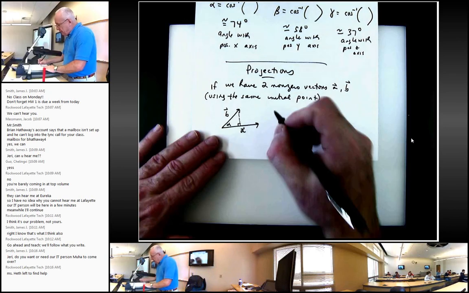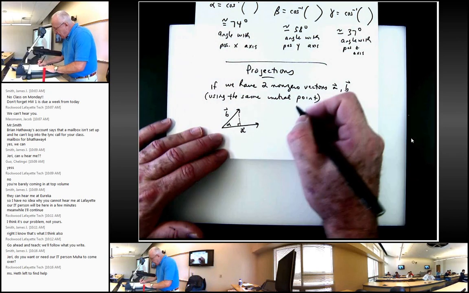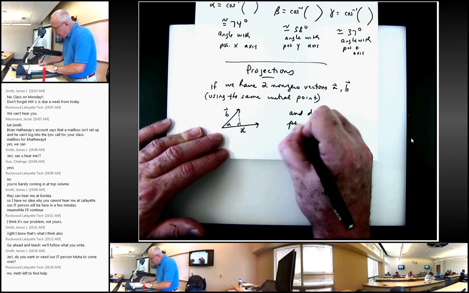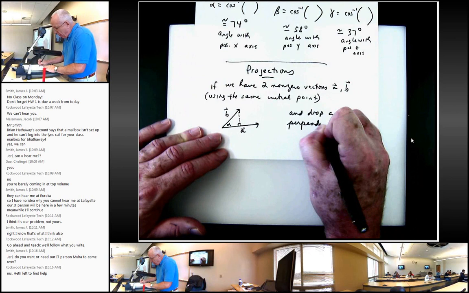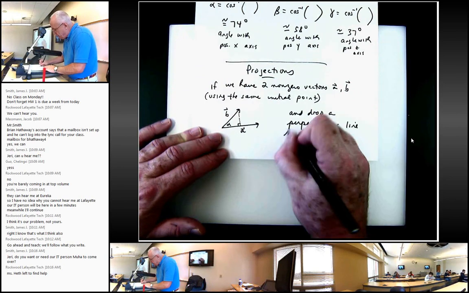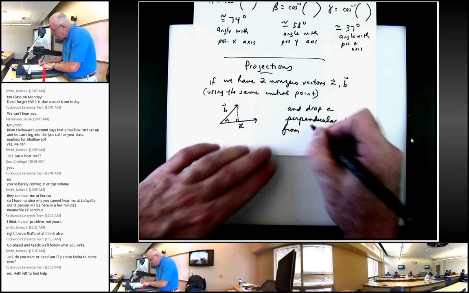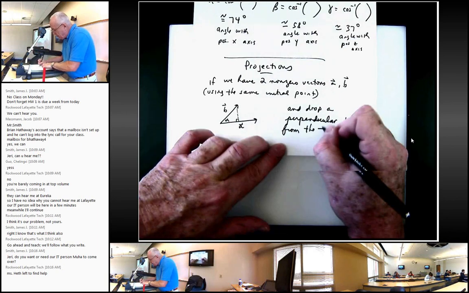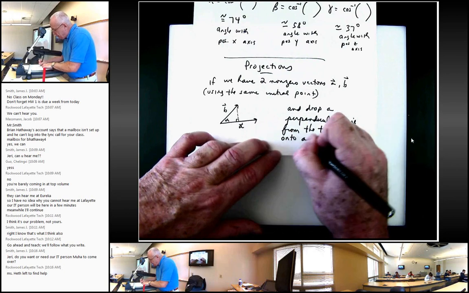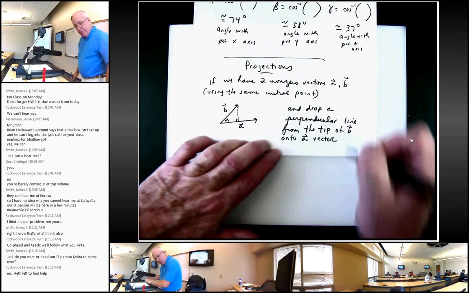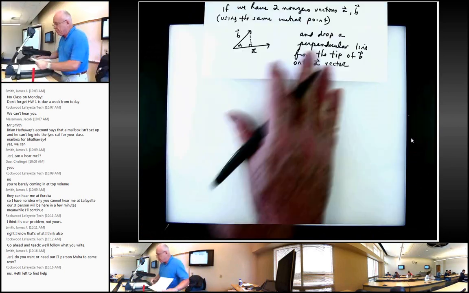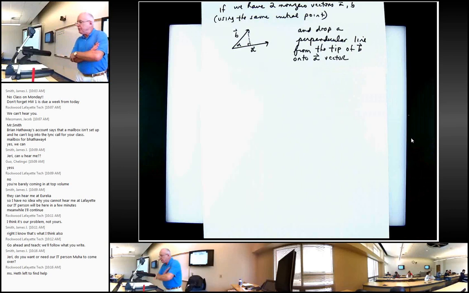So if we have two non-zero vectors, and then drop a perpendicular line from the tip of B onto the A vector, we drop this perpendicular down.